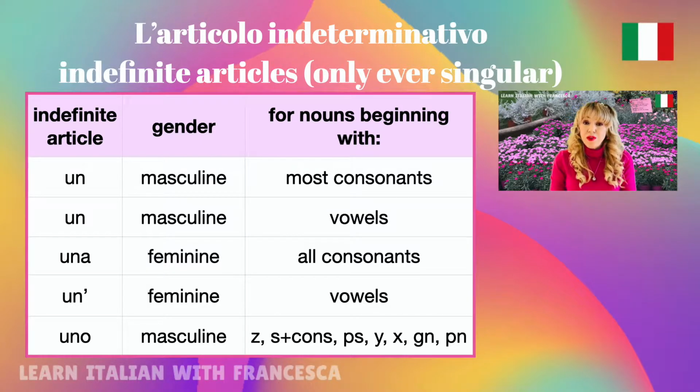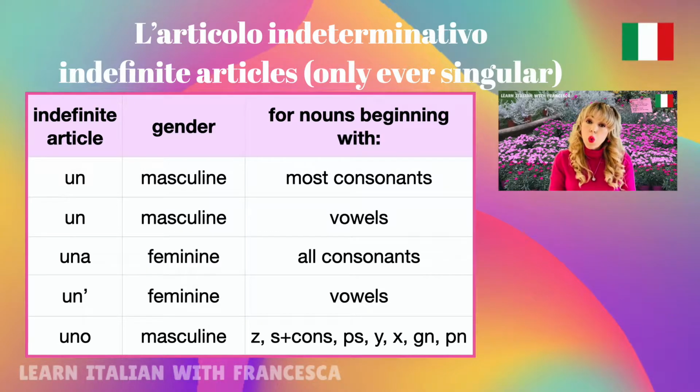Una we use for singular feminine words that begin with consonants. And instead we use un with the apostrophe, because that apostrophe has replaced an A, for feminine words that begin with a vowel.